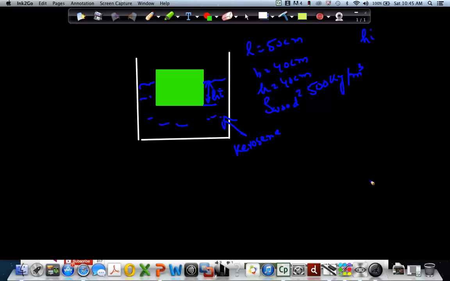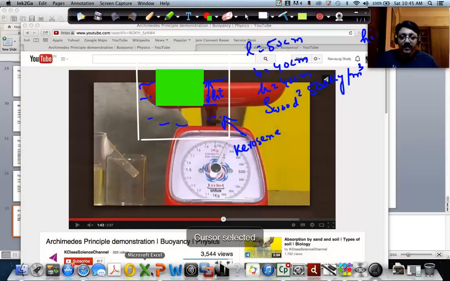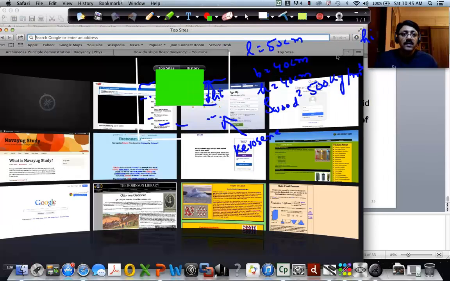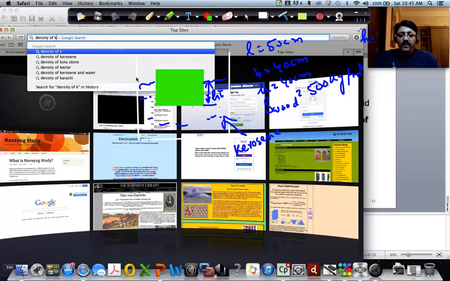If you want the density of kerosene, I'll give you that. Let us just find it from the internet. I forgot to note that down. Density of kerosene.